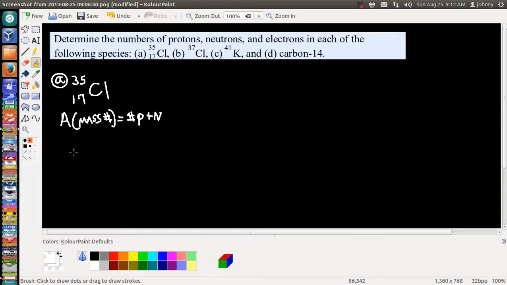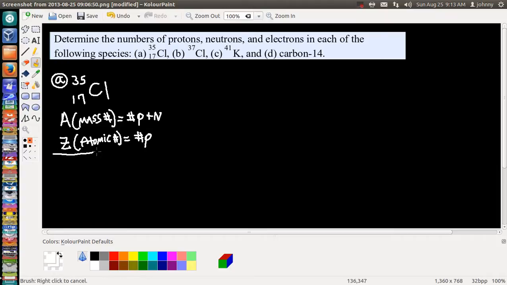Okay, so if you look at 17 here, 17 is the letter Z, which is our atomic number. And if you remember, atomic number is equal to the number of protons only. So we do know some things here.